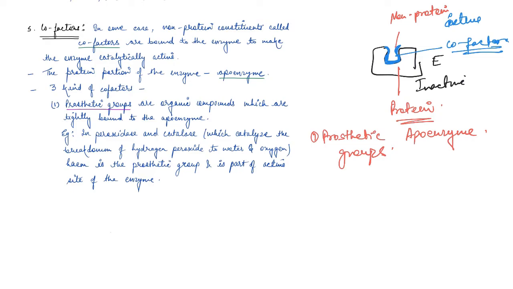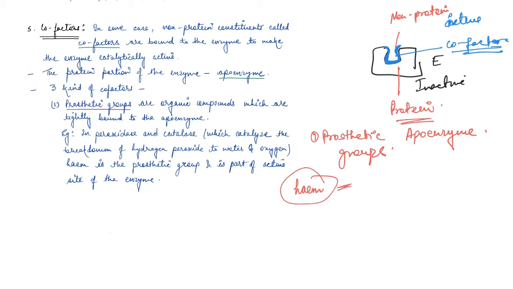For example, in peroxidase and catalase, which catalyze the breakdown of hydrogen peroxide to water and oxygen, heme is the prosthetic group, and it is part of the active site of the enzyme.